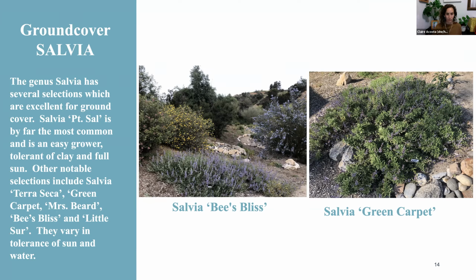And you can see these two photos. This is Bees Bliss on the left and Green Carpet. There's a tolerance of sun and water preference for all the sages. So you just kind of pick one that has the form that you're going for and the conditions. Picking the right one for your location, that's what you want to do. You always want to pick the right one in terms of the sunlight that you're getting and the amount of water that it will be receiving. And you can see the different forms.